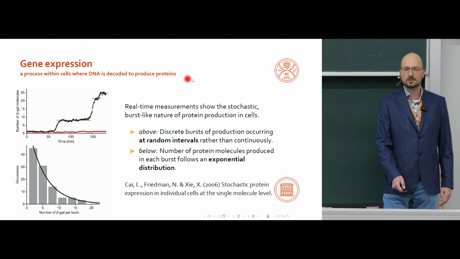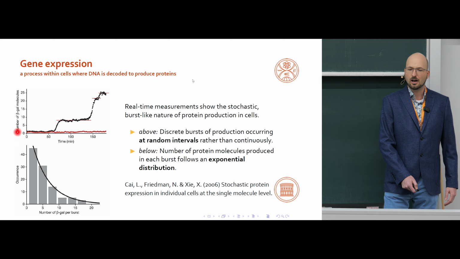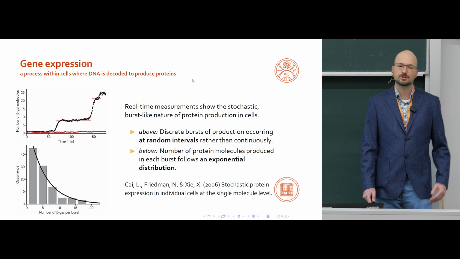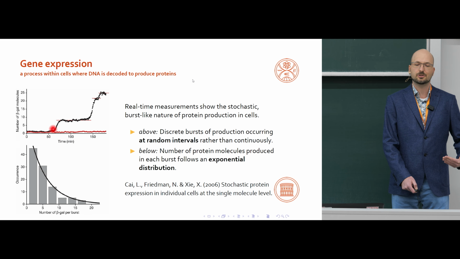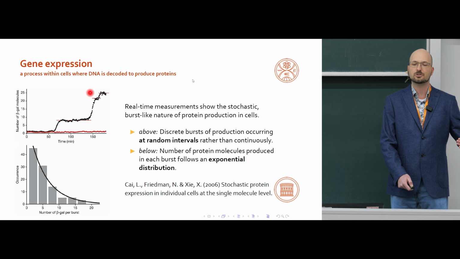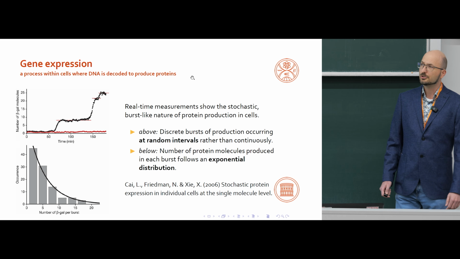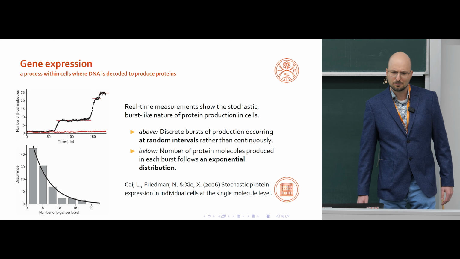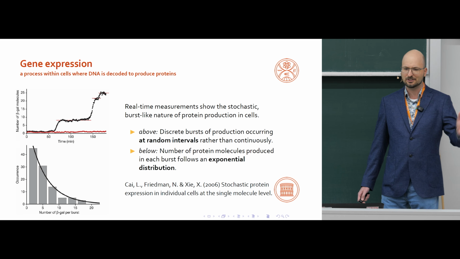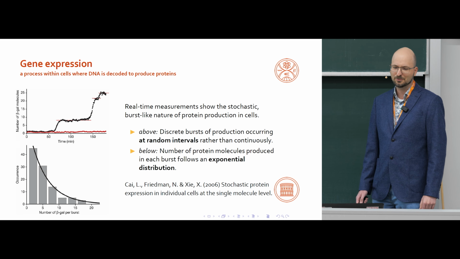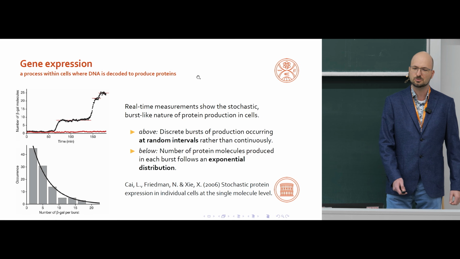And as you can see, the production of proteins is not continuous deterministic, but occurs randomly, right? So it occurs in these randomly timed and randomly sized bursts of rapid production, and then it stays constant again, and then you have a burst of production and again stays constant. So the protein is called beta galactosidase, I think. It doesn't matter, any kind of protein you can think of, right? So this stochastic gene expression looks like this.